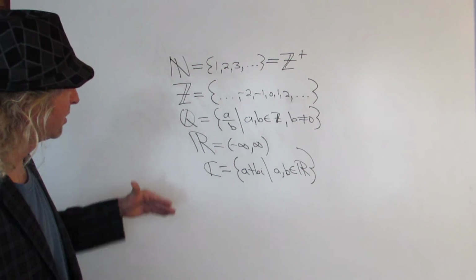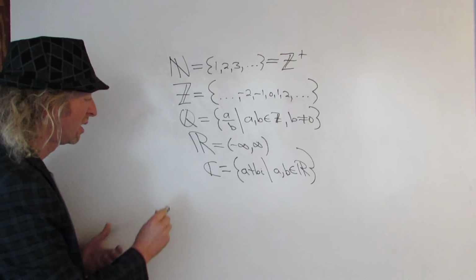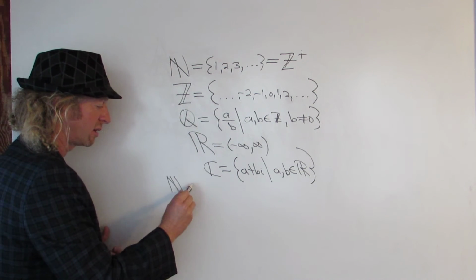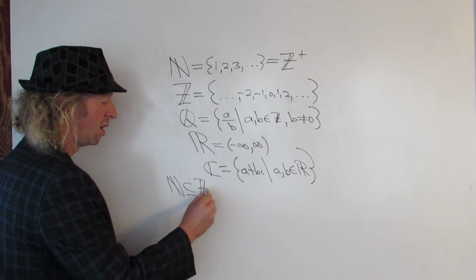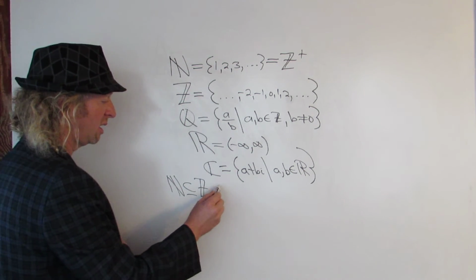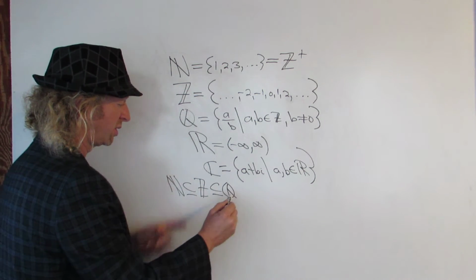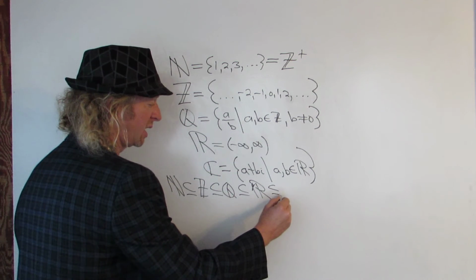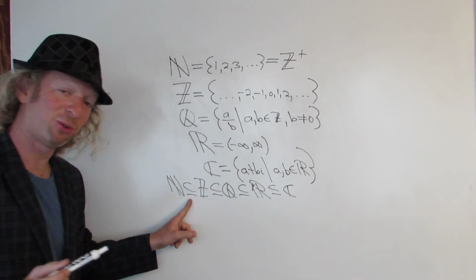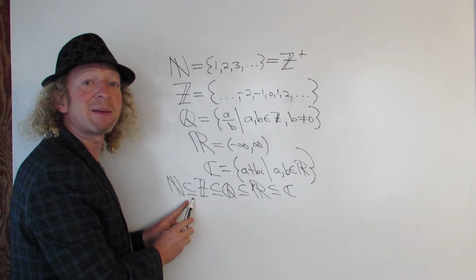And then there's a really nice inclusion you can draw between these sets. So the natural numbers are contained in the integers, right, which are in turn contained in the rational numbers, which are in turn contained in the real numbers, which is contained in the complex numbers. I probably should have told you what this means. This means subset.